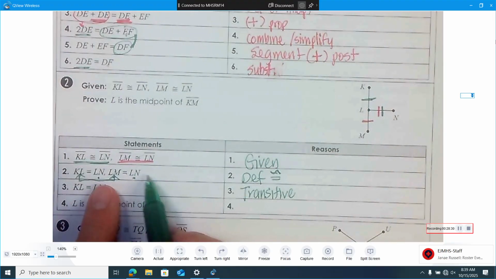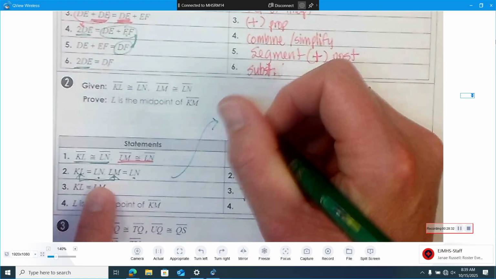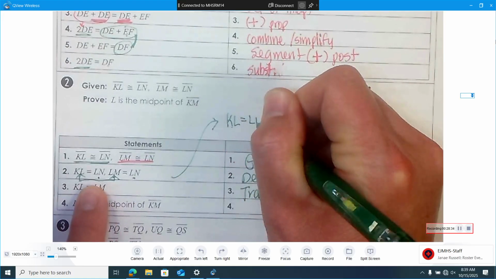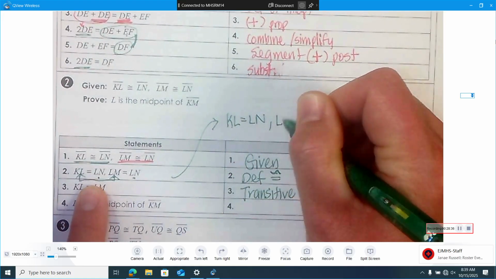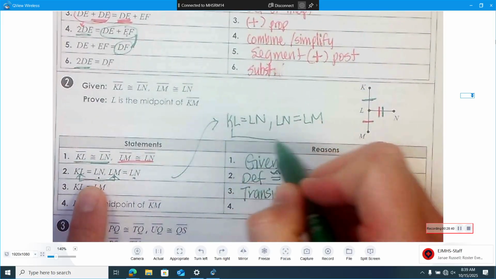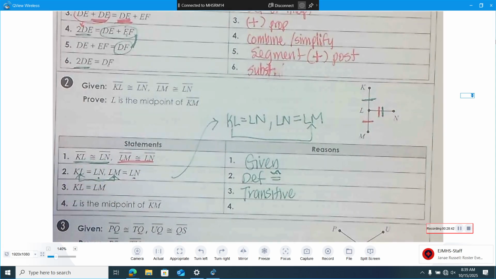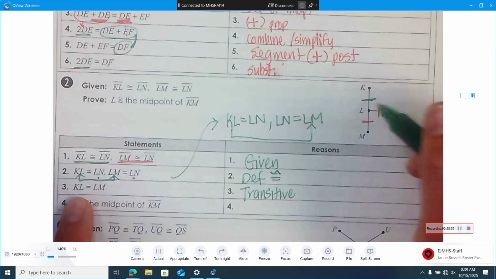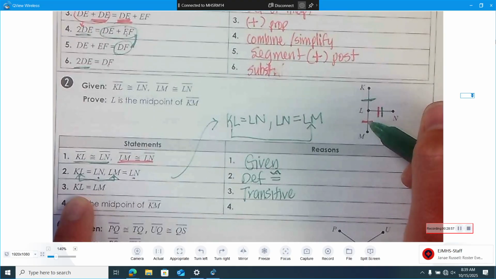So if I rearrange this, you can imagine if I wrote KL is equal to LN and LN is equal to LM. Can I jump from KL right to LM? You see the chain? Yeah, that's the transitive property. All right, sort of substitution, same thing. So now we know that KL is now congruent to LM.